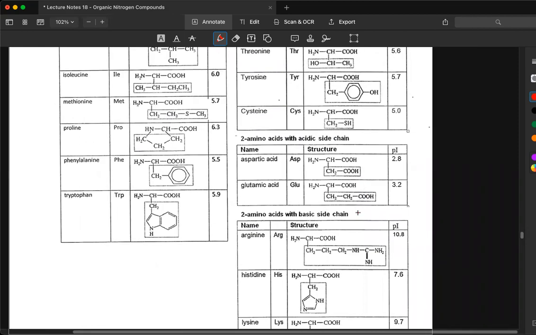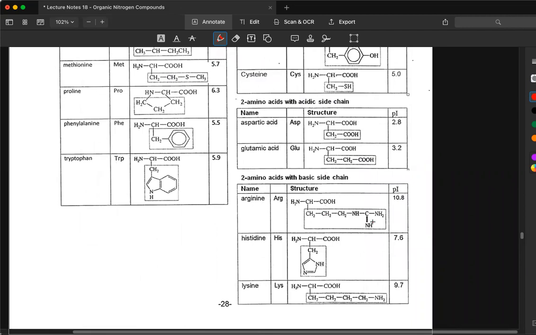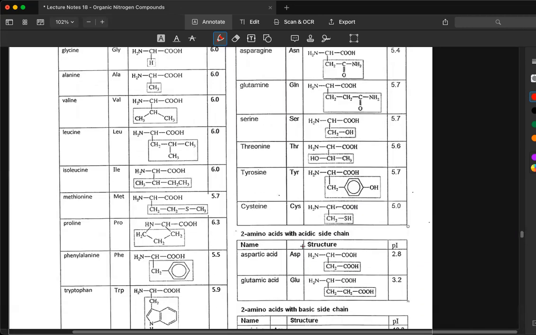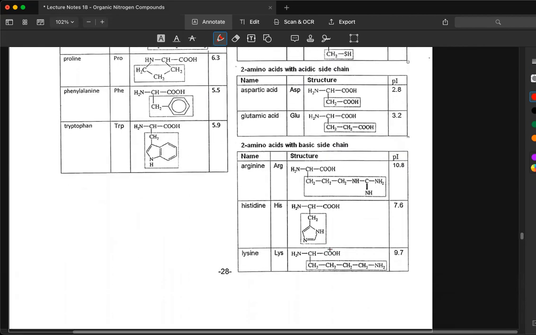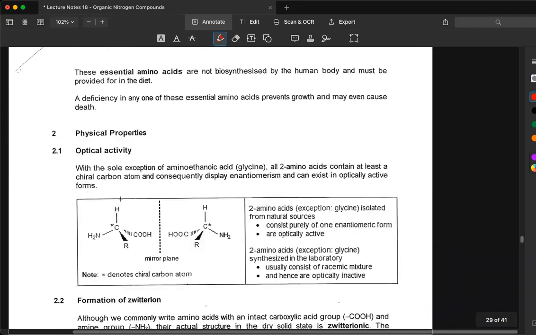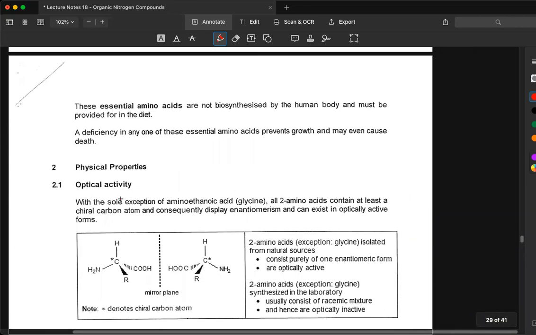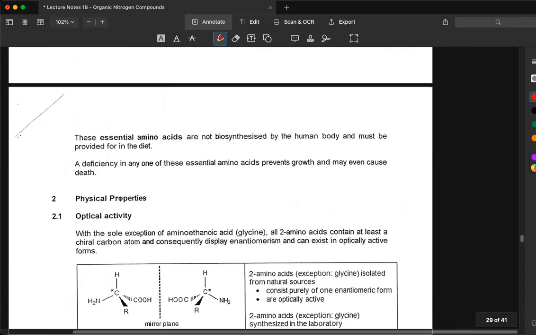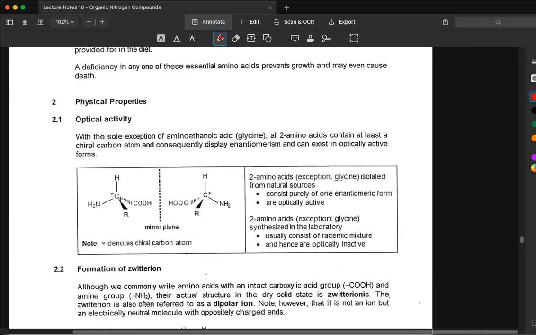You have an extra COOH. And this one, you have the extra NH2 amino group, which makes it alkaline. These amino acids are not synthesized by the body, so they need to be provided in our diet.